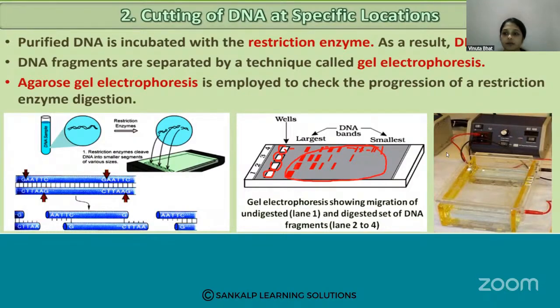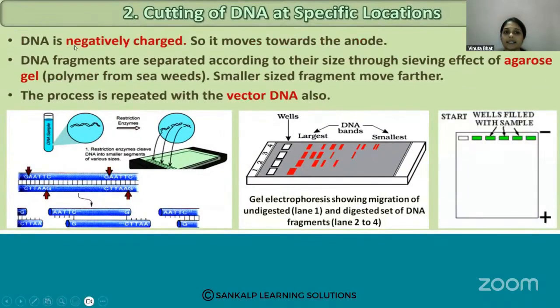So this is the actual gel electrophoresis technique. This is the agarose gel used, and you can see the DNA fragments when they are observed under the UV radiation. The DNA is negatively charged, so it moves towards the anode.